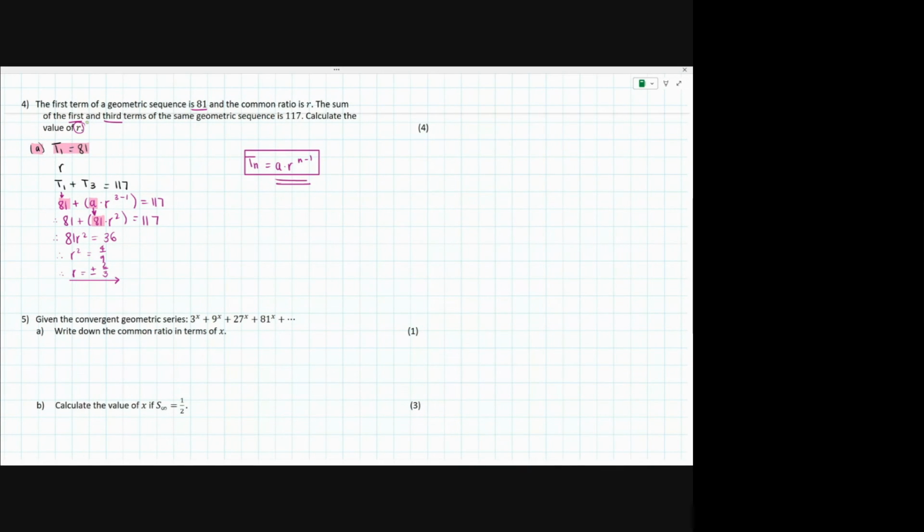Using my inverse operations, I subtracted 81 on both sides. 117 minus 81 gives me 36, and I was left with that 81 r squared. I divided both sides by 81, and 36 divided by 81 simplifies to 4 over 9. And so using my inverse operations, I was able to solve for r.